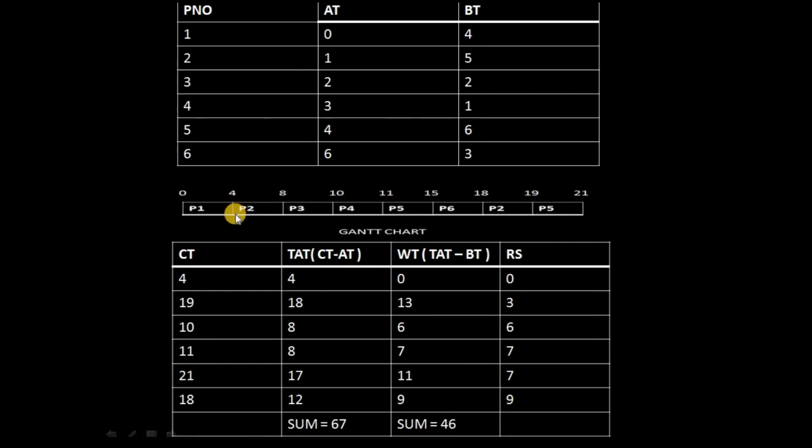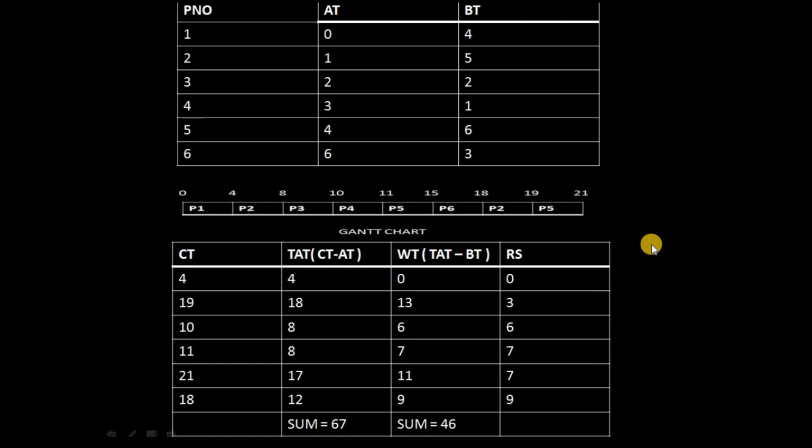And for P2, look at here, P2 came into the Gantt chart at 4. So in the previous formula I told you the response time is the CPU first time minus the arrival time. So P2 came to the Gantt chart at 4, but the arrival time of P2 is 1. So 4 minus 1 equals 3. And for P3, 8 minus 2 equals 6, and so on.